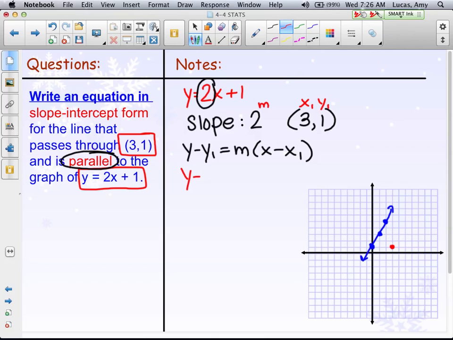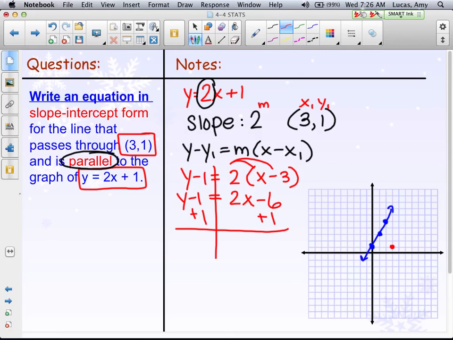So y minus 1 equals 2 times x minus 3 would be my equation. I'm going to turn it into slope-intercept form, so I'm distributing on the right-hand side, and then I need the y by itself, so I add 1, and I get y equals 2x minus 5.